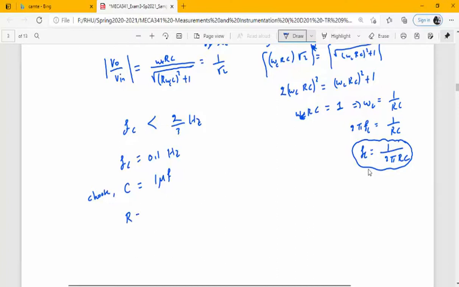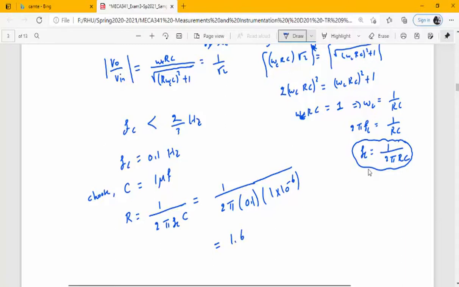Then the resistance would be equal to 1 over 2 pi fc times C. This is equal to 1 over 2 pi, the cutoff frequency taken to be 0.1, and the capacitance 1 microfarad, which in farad is 10 to the power minus 6. This is equal to 1.6 mega ohm.